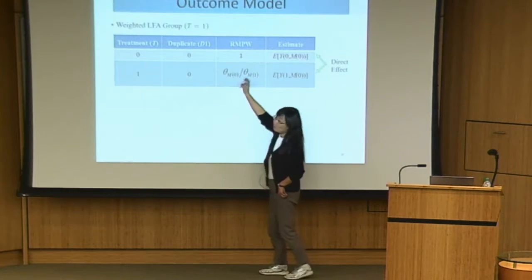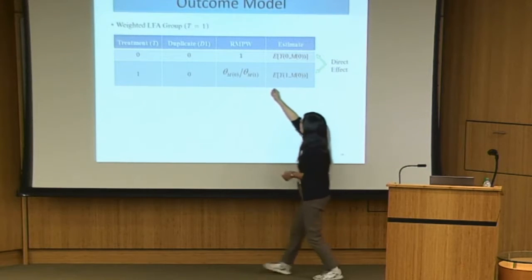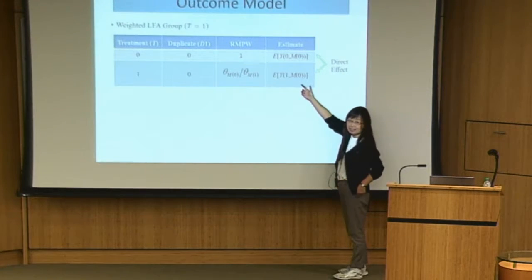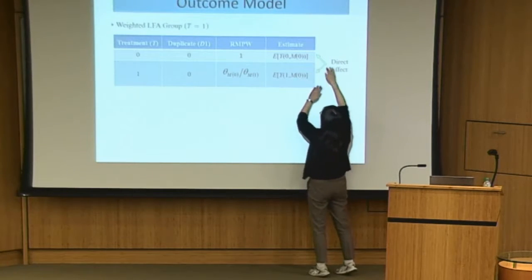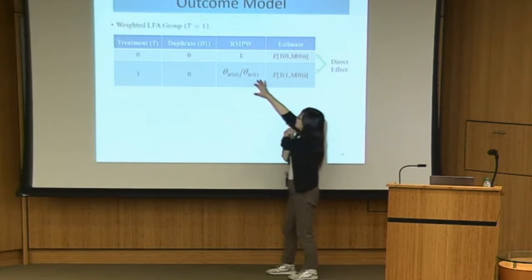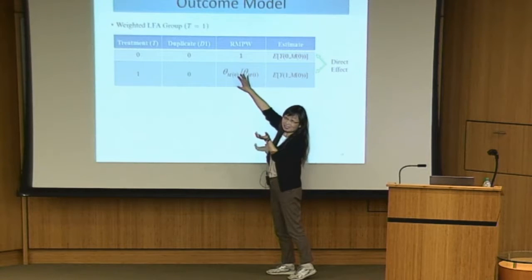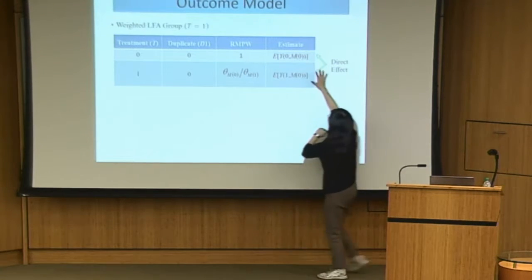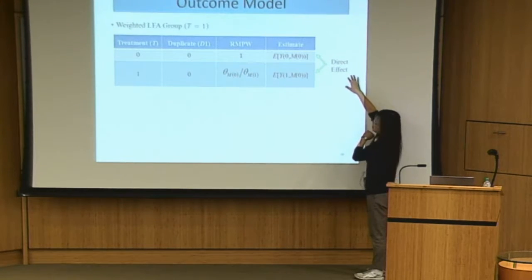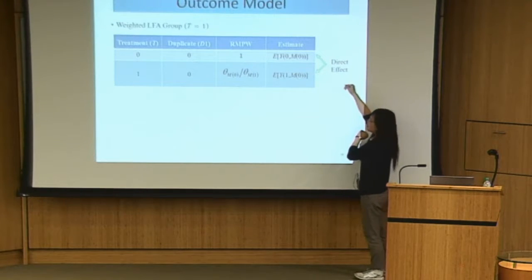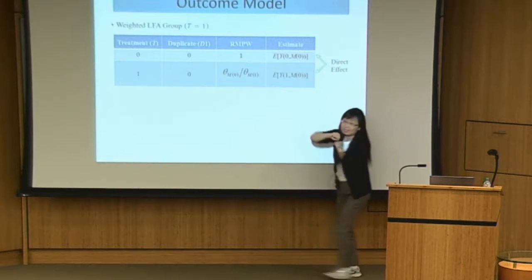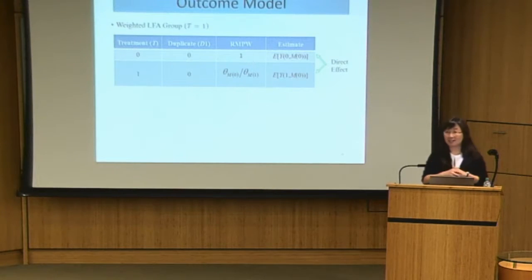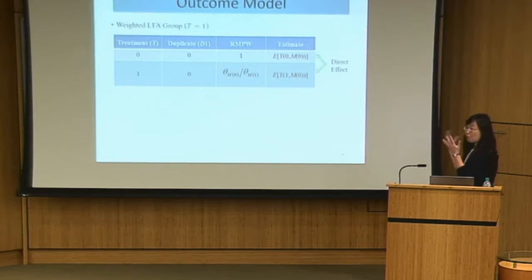This is the weight we just worked out. And after weighting, I got this counterfactual outcome on average, right? And then I contrast these two. If you don't weight it, the contrast gives you the ITT effect. If you weight it, the contrast gives you the direct effect. The direct effect, when you change treatment from 0 to 1, the mediator stays at M0. So that's the mean contrast.